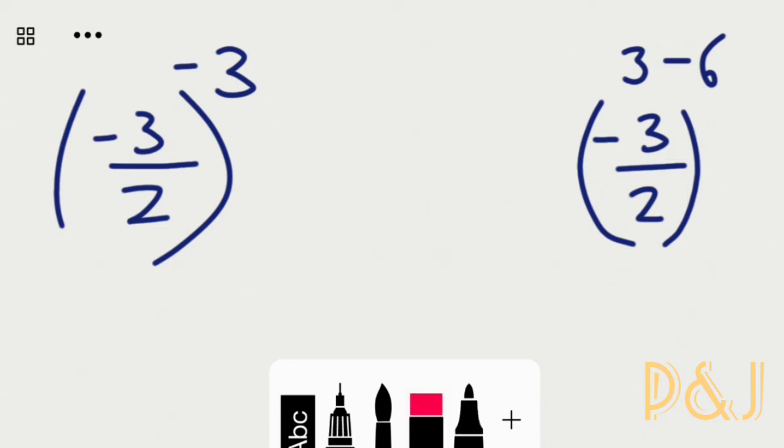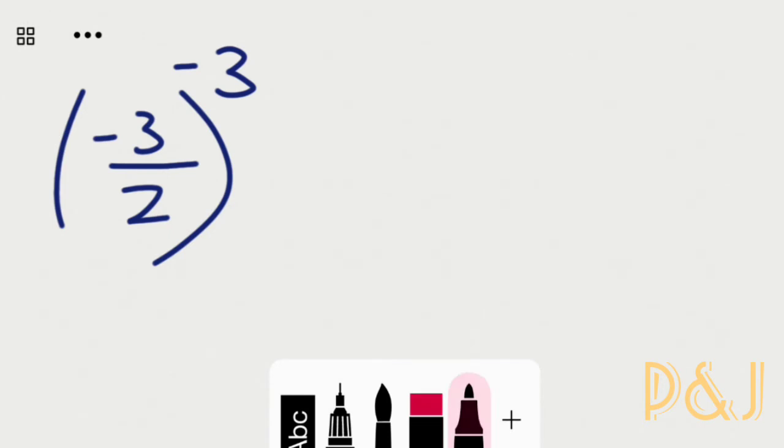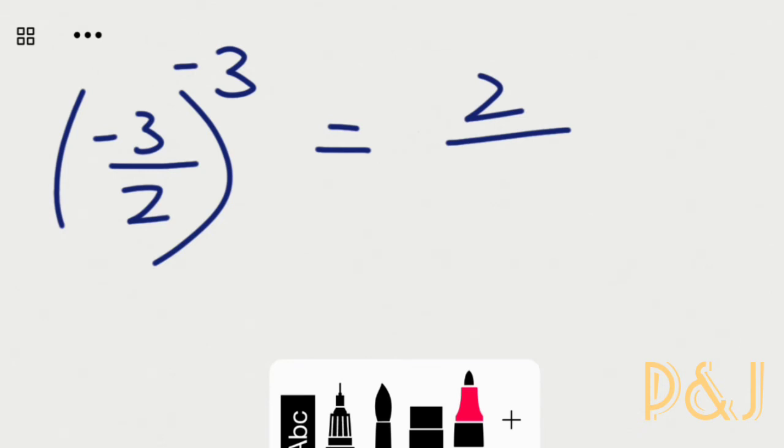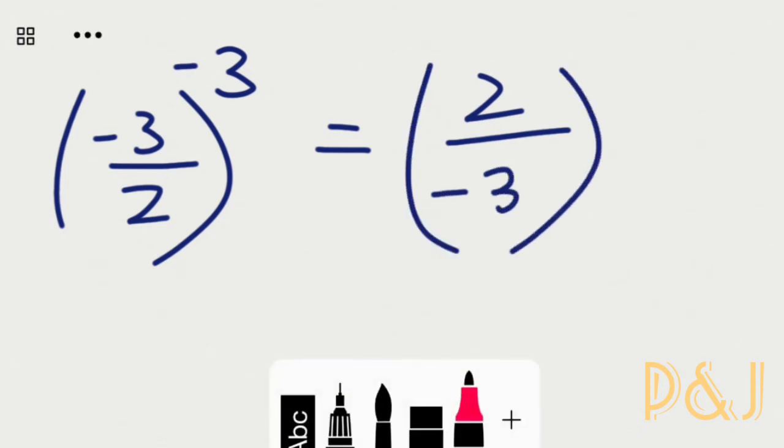Now to remove the minus sign from the exponent, we'll simply take the reciprocal. That is 2 upon minus 3. Now in fractions there's one rule that the negative number should not be in the denominator.